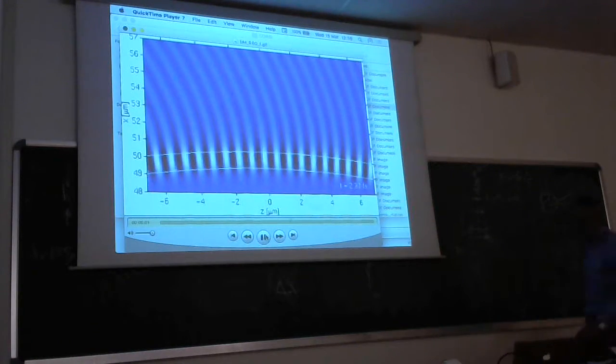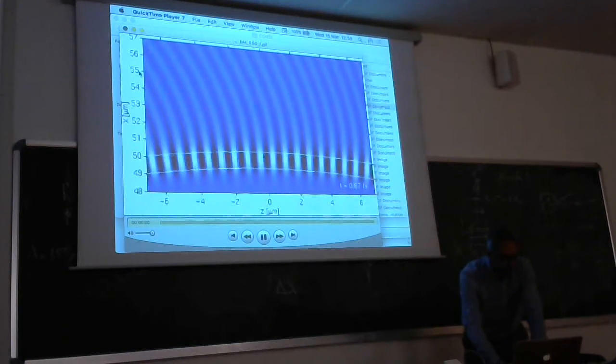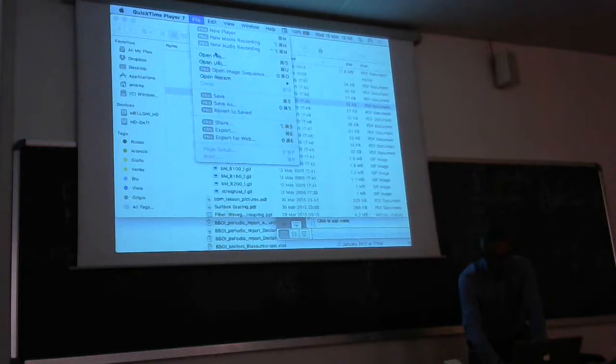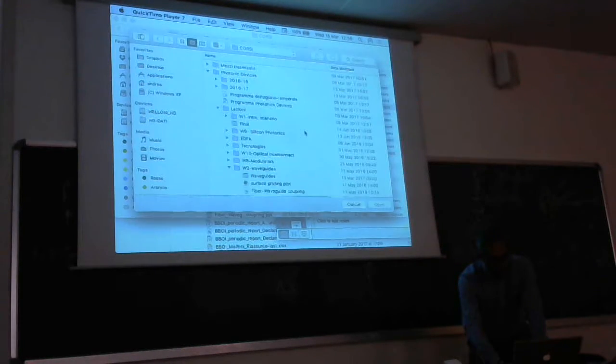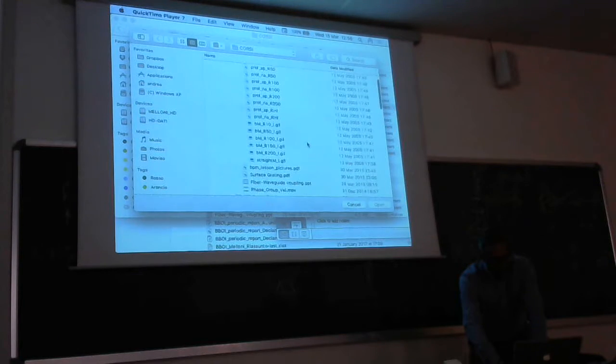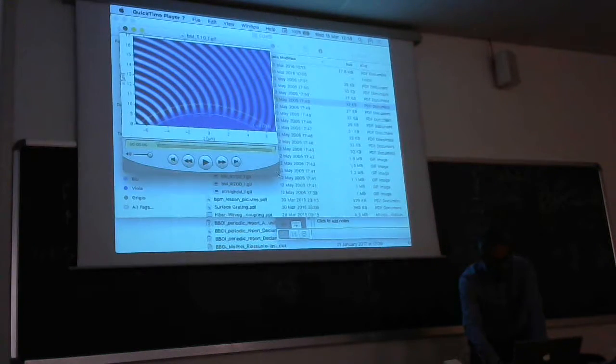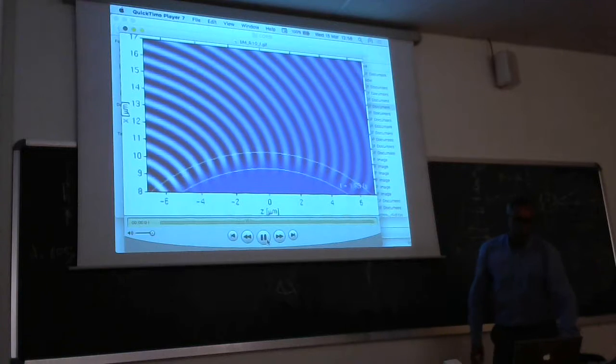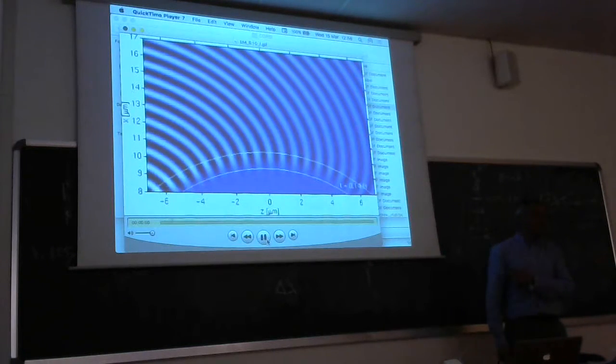And we can exaggerate and bend it by 10 micron. File, open, 10 micron, view, loop, start, and this is useless.